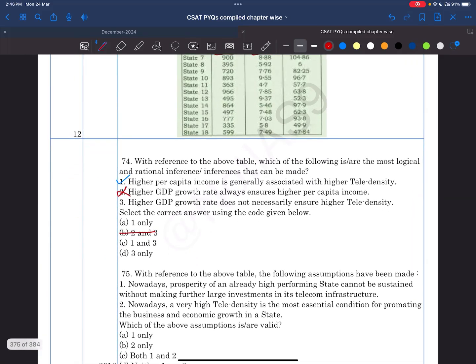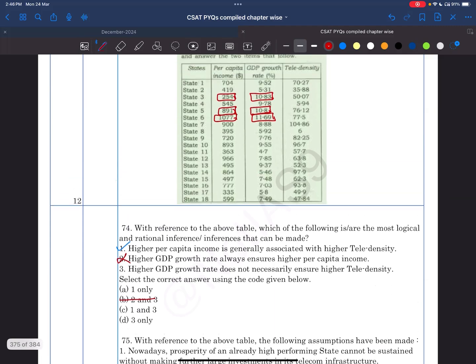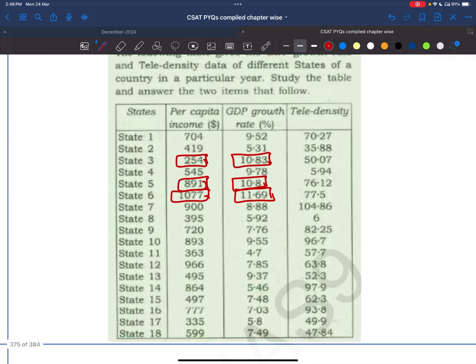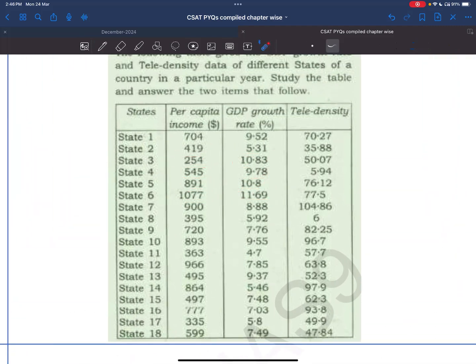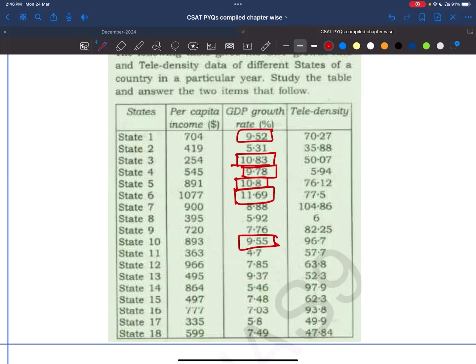Higher GDP growth rate does not necessarily ensure higher density. Okay, let's check. Higher GDP growth rate, right? That means these values. We are also getting 9.78, 9.55. We are also getting 9.52. See the respective values of densities. For 9, it is 70. For 10, it is 50.